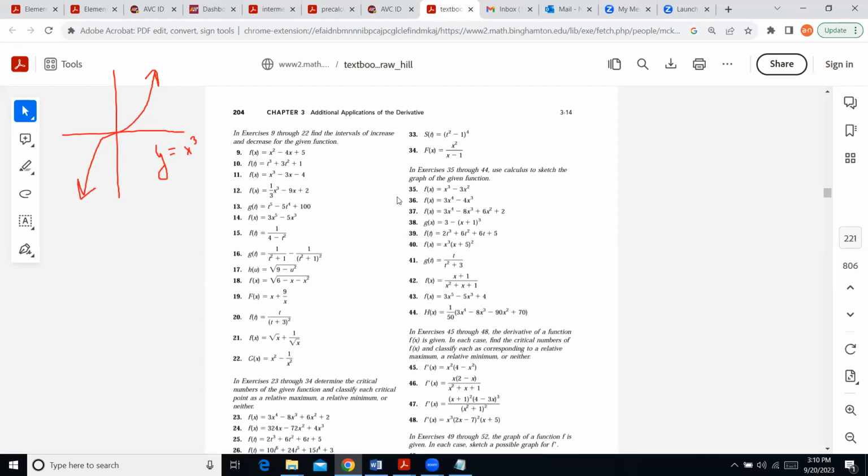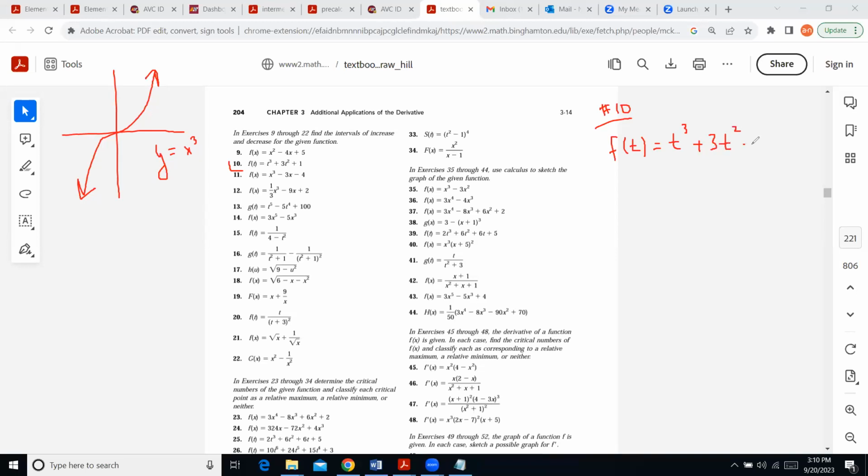So I'm going to do problem number 10. I'm going to take a derivative of this function. Notice they gave us a function of the letter t. Well, we already know it doesn't matter what your variable is called, if it's x or t, still pretty much the same thing, right?